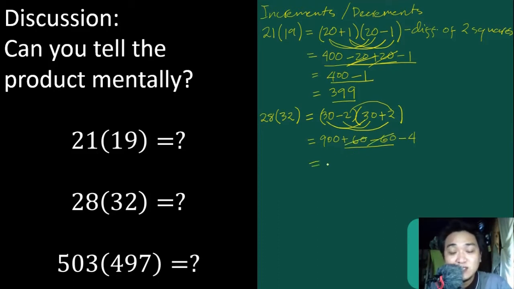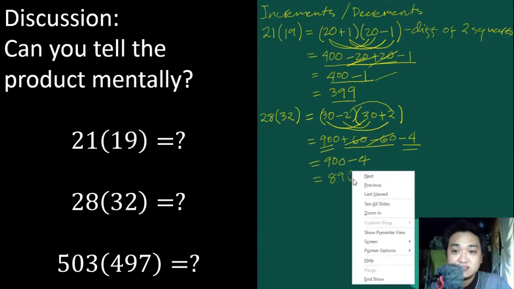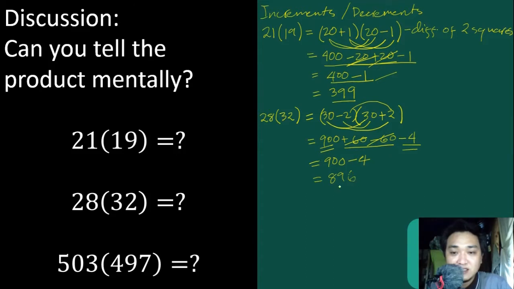So, ang pagtutuunan na lang again natin ng pansin, instead na yung gitna, yung nasa gilid, ito tsaka ito. So that will be 900 minus 4. So kamukha rin nito, no? And 900 minus 4 is equivalent to 896.